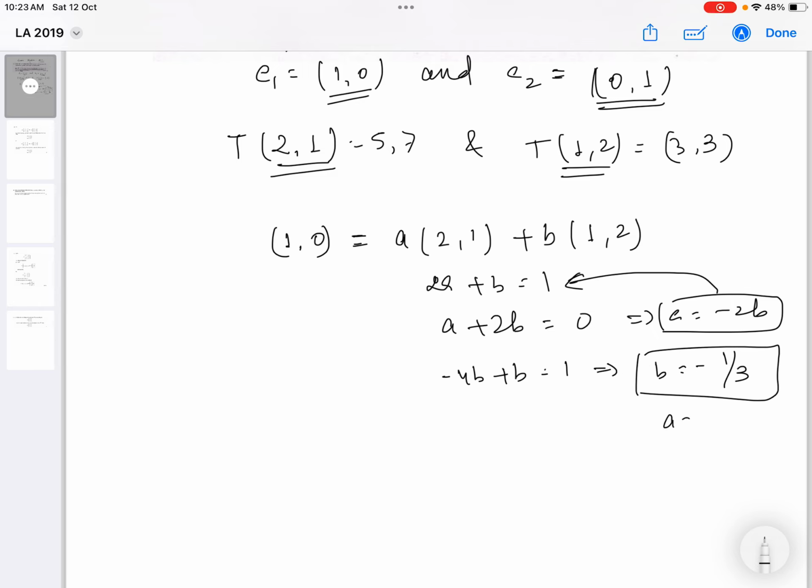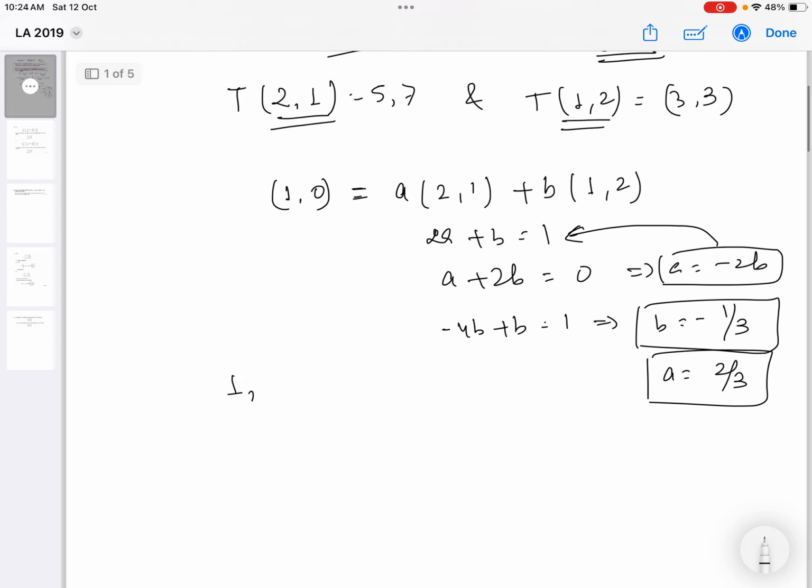Then a would come out to be 2 by 3. So 1 comma 0 is nothing but 2 by 3 times (2 comma 1) plus minus 1 by 3 times (1 comma 2).